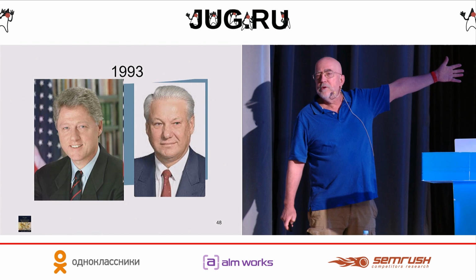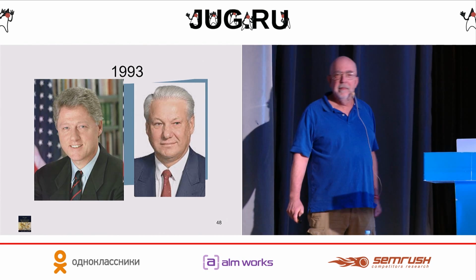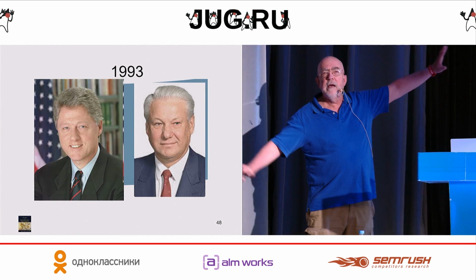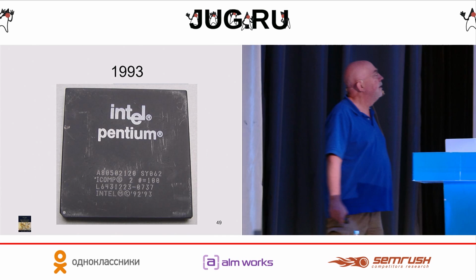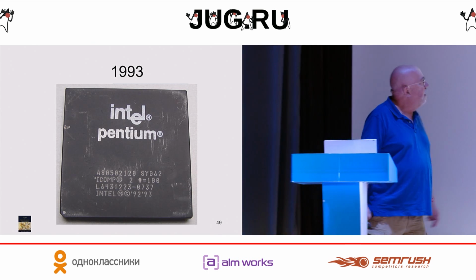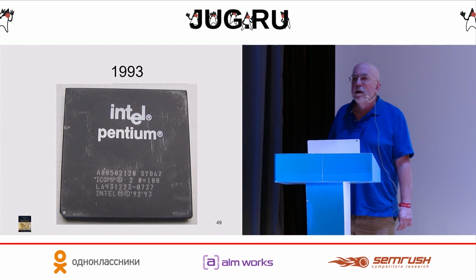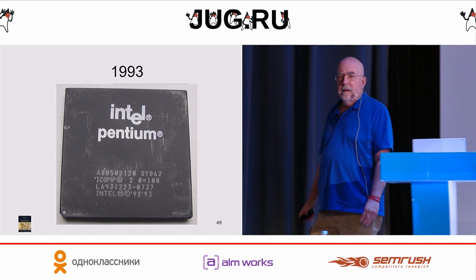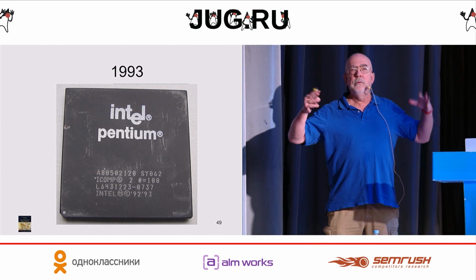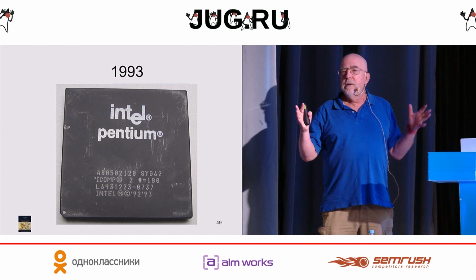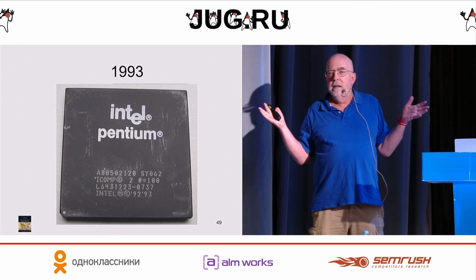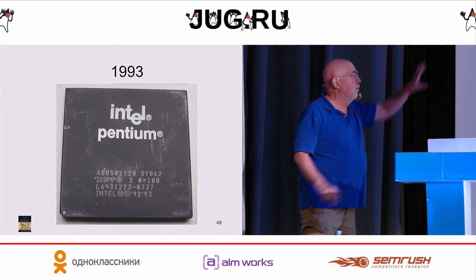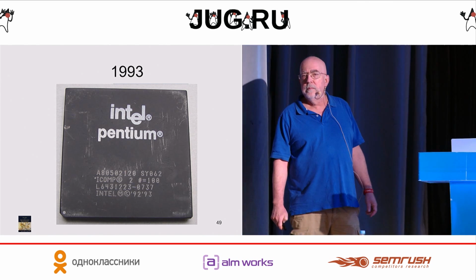So these people were in charge of the world at the time. I will be silent on whether things have gotten better or worse since then. The main hardware platform that people used was the Intel Pentium. Not Pentium 2, Pentium 3, it was just the Pentium because it was the only one. Everything else came later, and this was the first i86 architecture ever.